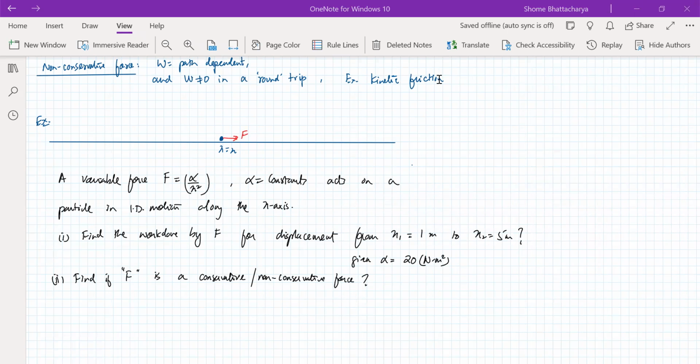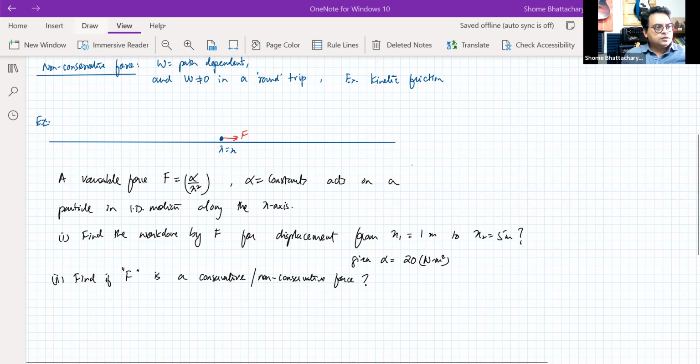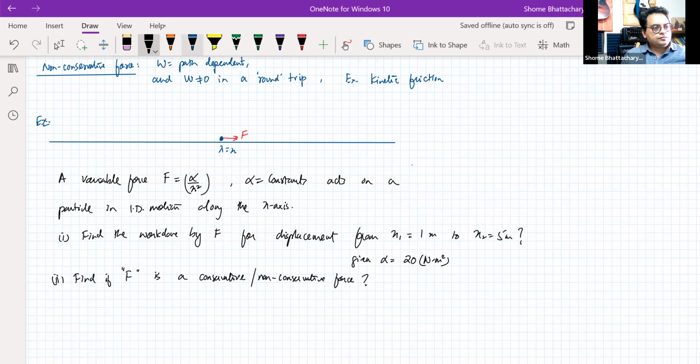Okay, Ayan, let's check the answer that you have sent also. So you can see that F is a variable force given by the formula alpha by x square.